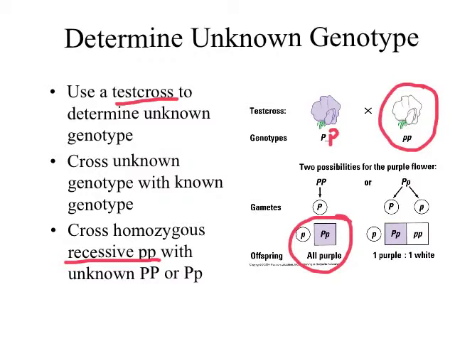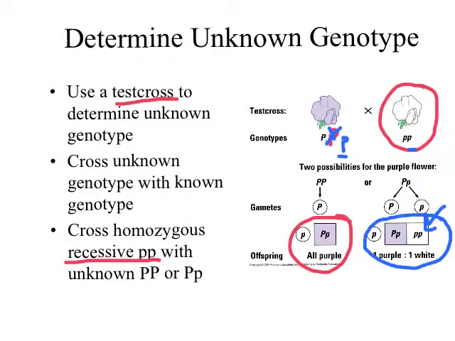However, if we get some purple and some white offspring, then we wouldn't say this would be big P, big P, it would be big P, little p, because we're going to have little p from both parents in order to make a white pea plant in the end as well. So we can do this, what's called a test cross, to figure out what the genotype is in the unknown plant.